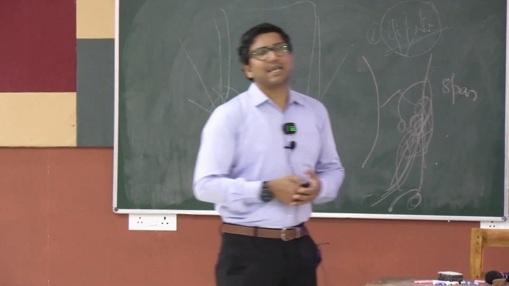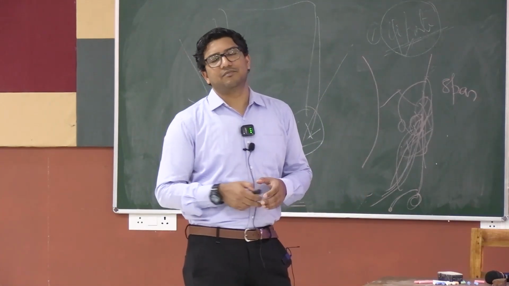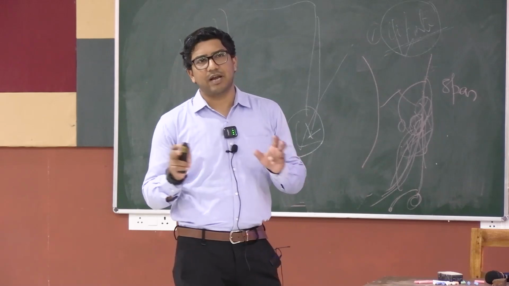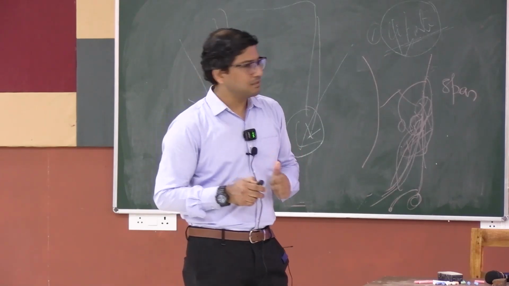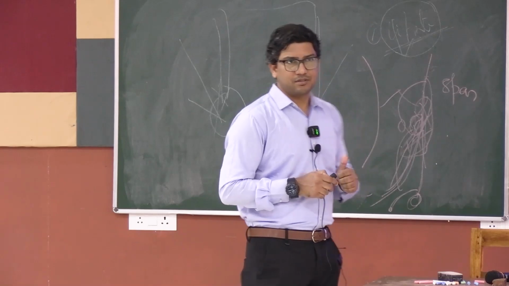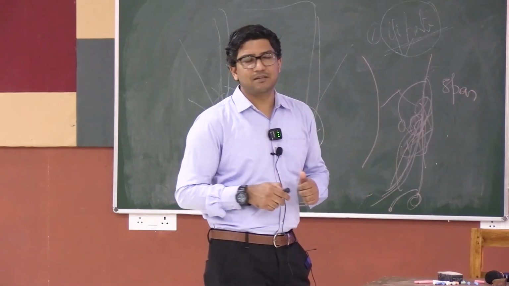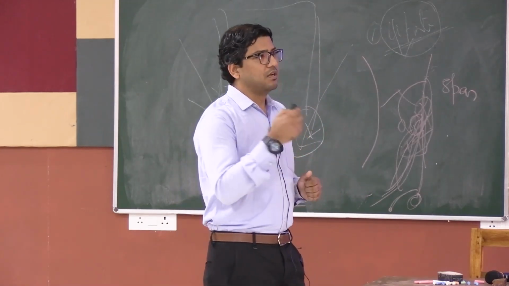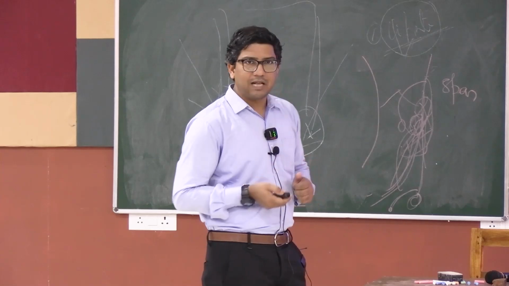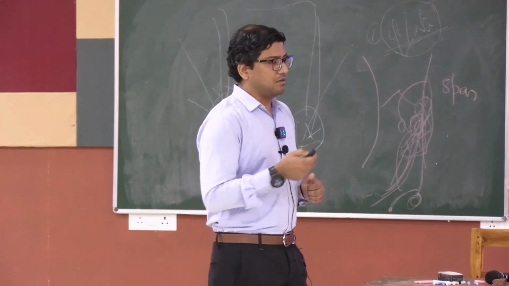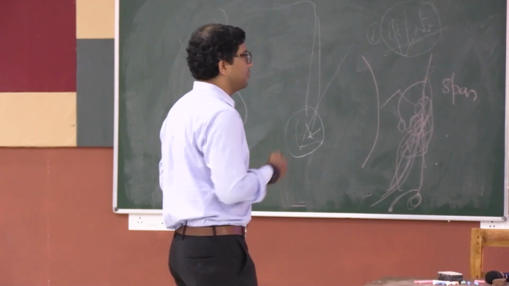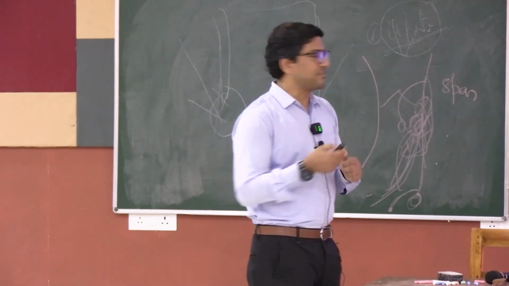So rickets and osteomalacia are two important conditions, kind of similar conditions. The basic pathogenesis is defective mineralization. Because of the lack of vitamin D, there is defective calcium phosphorus metabolism. So there is defective deposition of these minerals in the bone matrix.